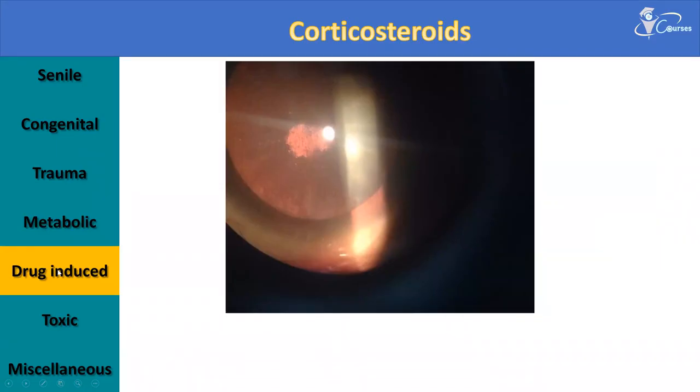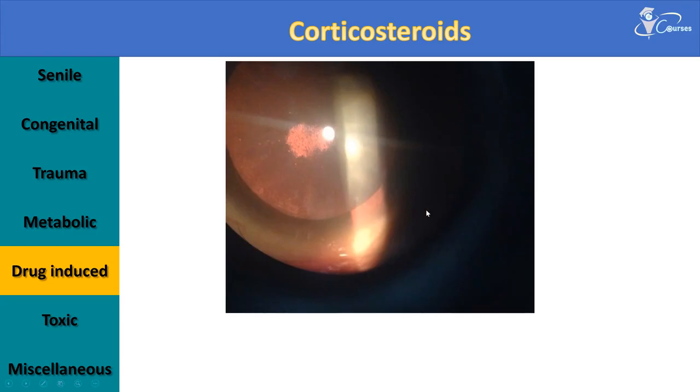Let's now move to the drug-induced cataracts, the cataracts which are caused by certain drugs. First of all, the corticosteroids. As we just mentioned, corticosteroids will cause posterior subcapsular cataract, and it is related to the dose and the treatment duration. So it doesn't happen to all patients, but it happens with any method of steroid administration, like oral, topical, inhalation, systemic, intravenous.